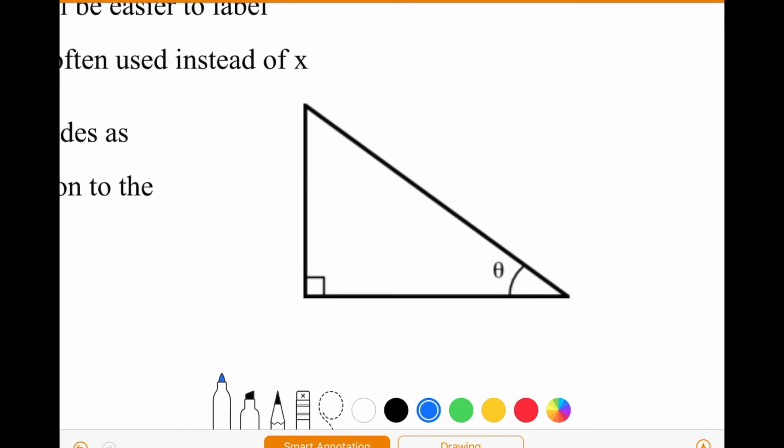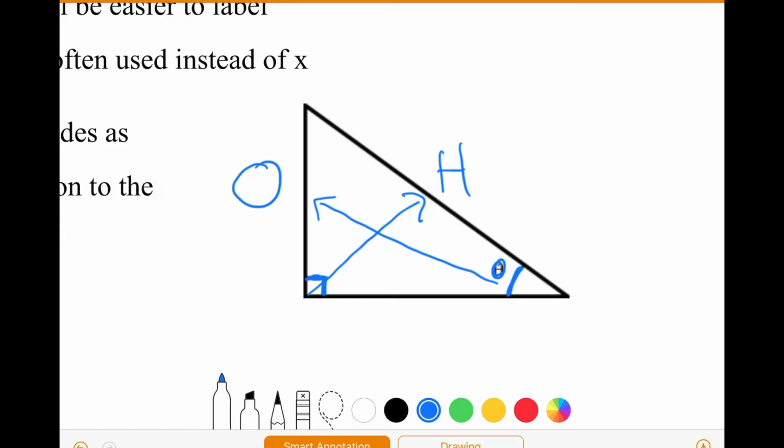So let's look at this triangle that's given. We have a right triangle, so that right angle across from it is always going to be our hypotenuse. Then the other 2 sides, well, the angle that's given is over here, this theta looking thing. Opposite side of it, that is not the hypotenuse, is our opposite side.